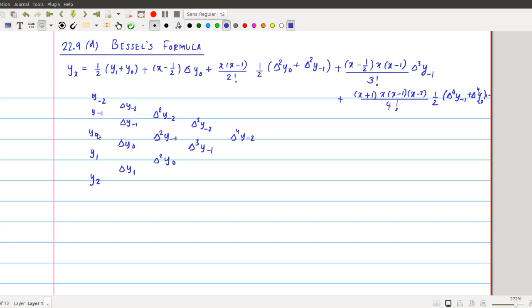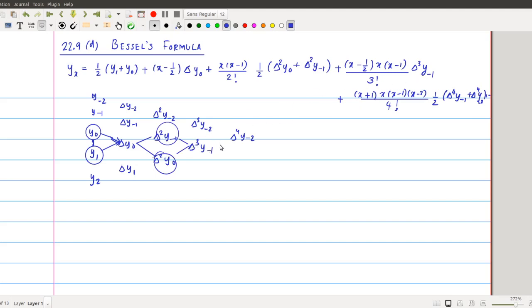So how will you remember this? We start with the starting point, half of these two numbers. We take these two numbers first and take their average. Then come to this number, and the second term we have is delta y0, because of this. Come to the center line, and again take the average of these two numbers, delta square y minus 1 plus delta square y0, and again come to delta cube y minus 1.